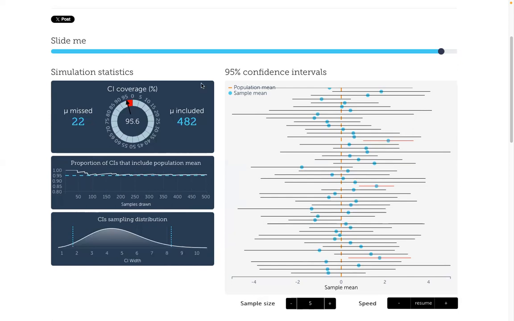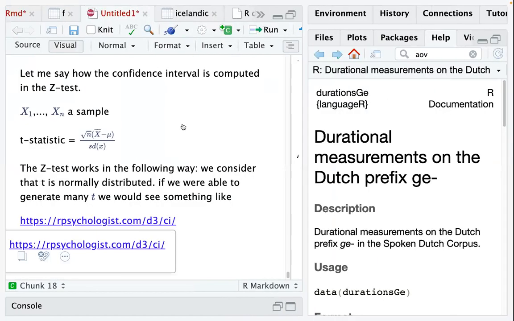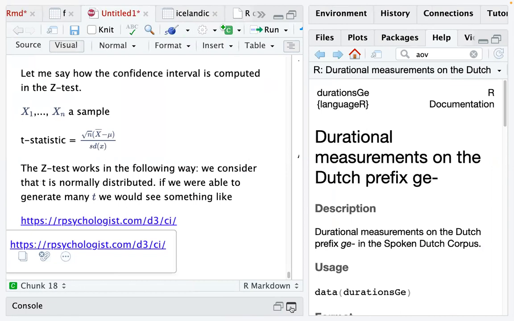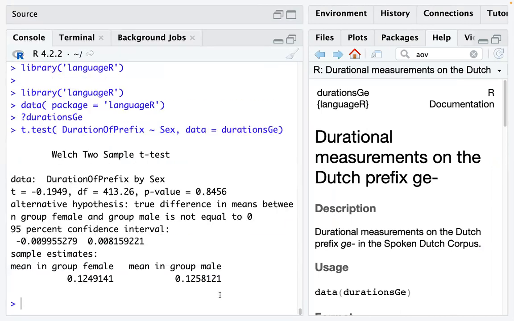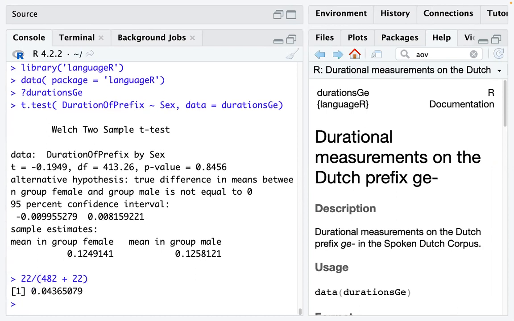But in this case, you can see in this graph that if you do 22 divided by 504, you should see more or less 0.95. Let me check it. So 22 divided by 482 plus 22. This is 0.43.